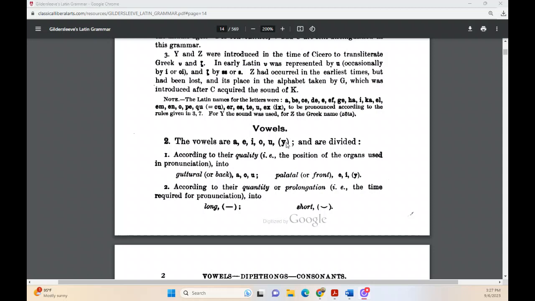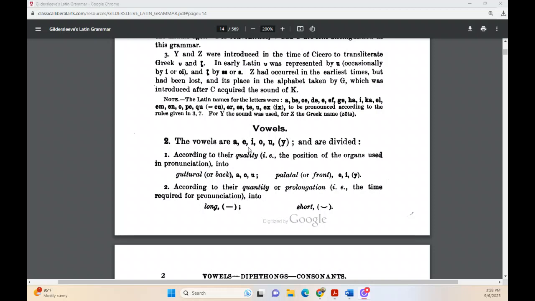Now, upsilon is put in parentheses here because if you remember in Lesson 1, we learned that upsilon is really a Greek vowel. It's used in words that are brought into Latin from Greek. So really there are 5 Latin vowels, and upsilon is really a Greek vowel that's brought into Latin. That's why it's set in parentheses here.